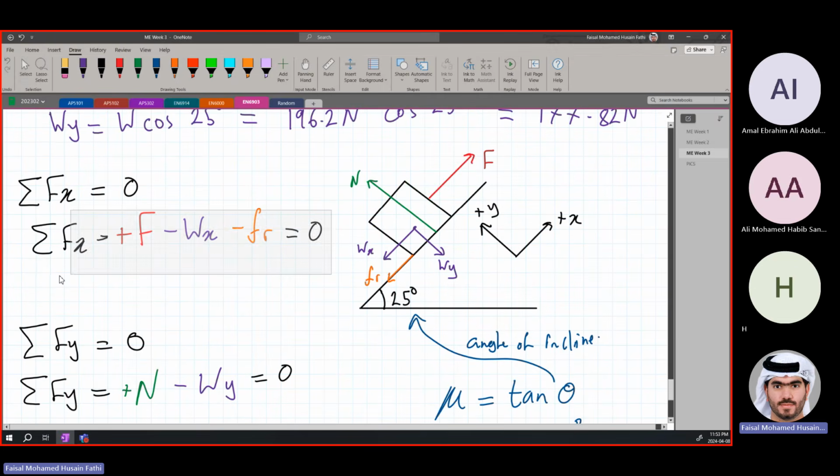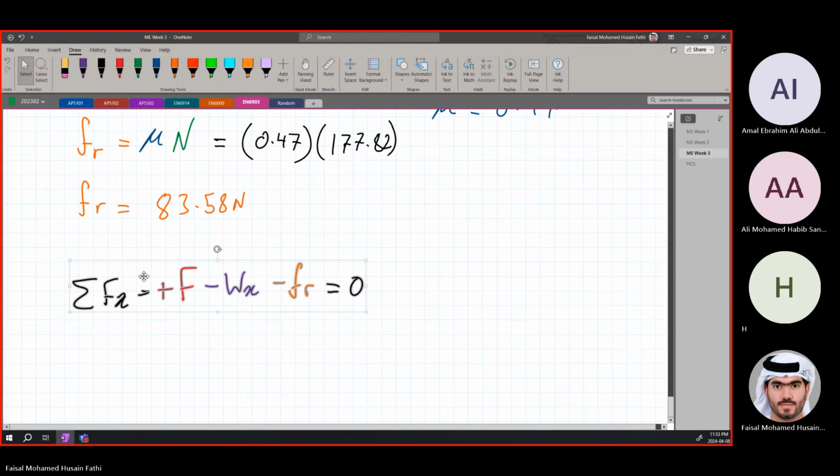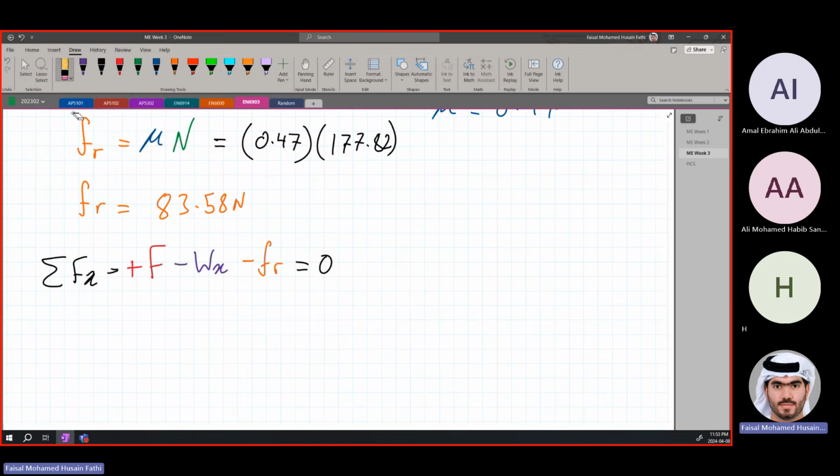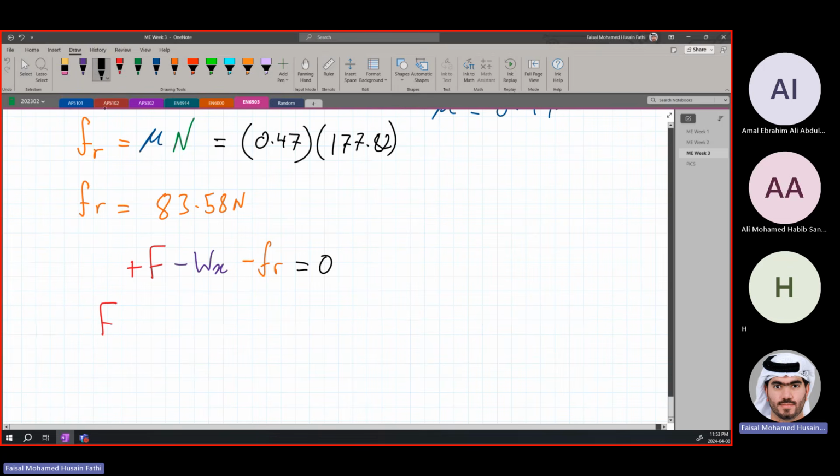Now we have our friction force and we have our Wx. Now we can apply this equation and just simply solve directly for F. So we know that F minus Wx minus Fr equals 0, just like before. F is going to be equal to Wx plus Fr.